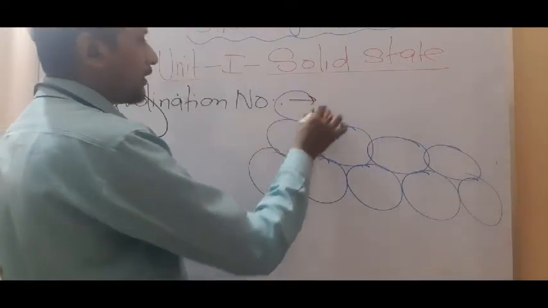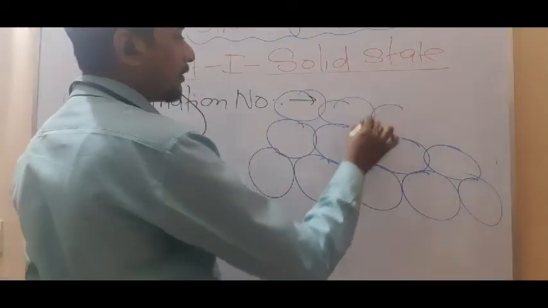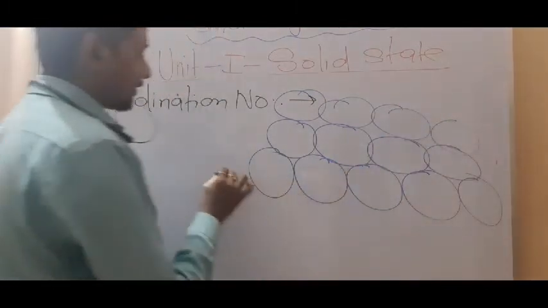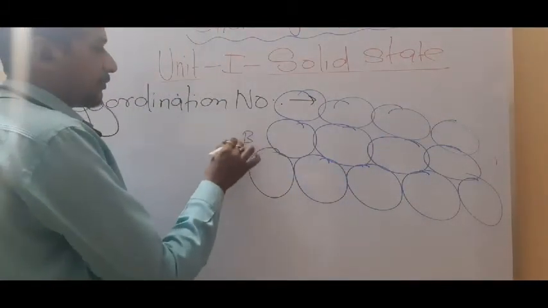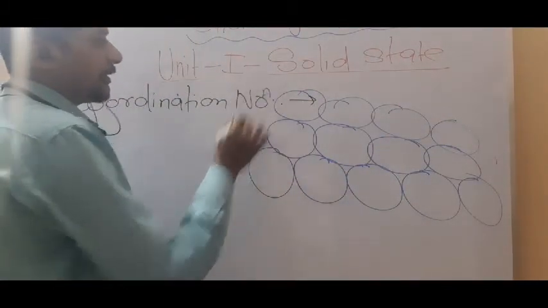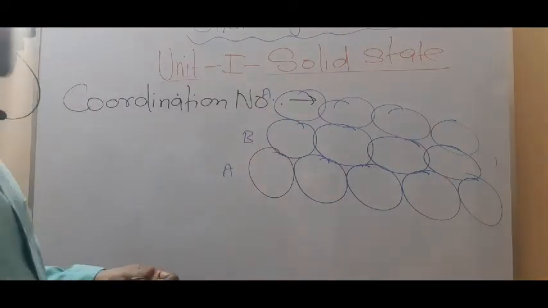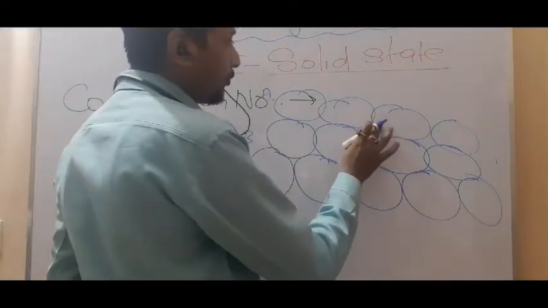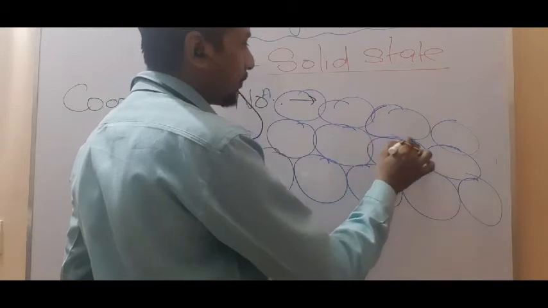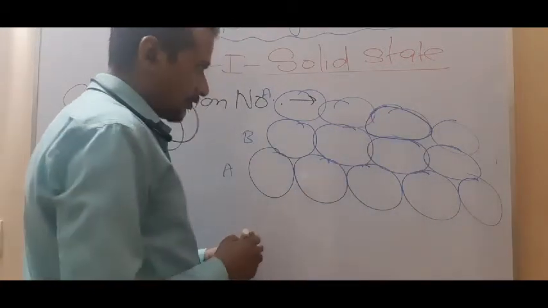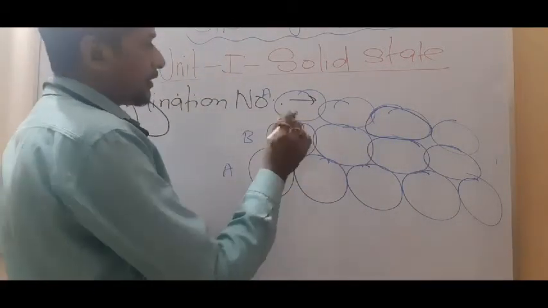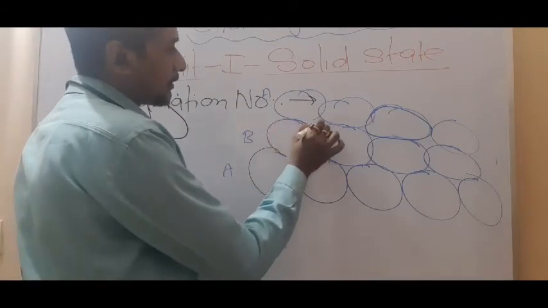Are you getting this point or not? Again, the first layer is A, second layer B, again A repeated. So now this I told you, in the 2 dimensions the spheres are touched to each other. So look at here, the central spheres are touched.